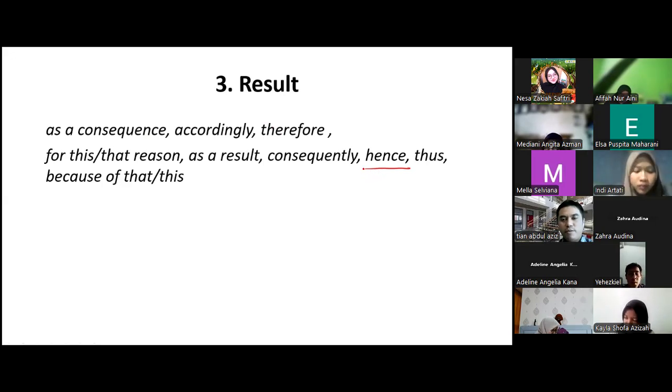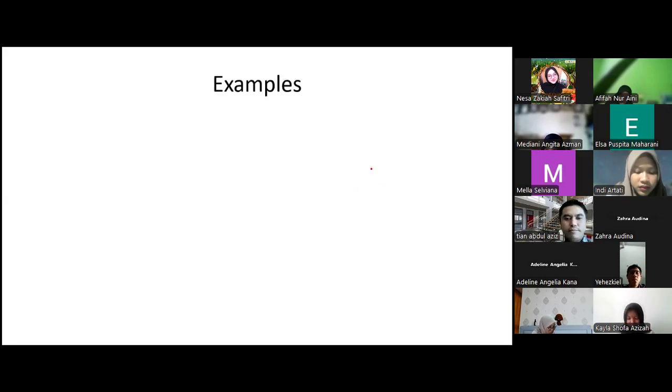Generally speaking, to refer to the result, people tend to use consequently, as a result, therefore, and using hence is very rare right now. Okay, we are going to look at examples of connectors used for result.